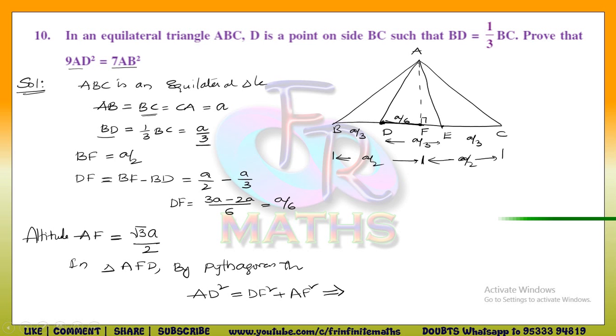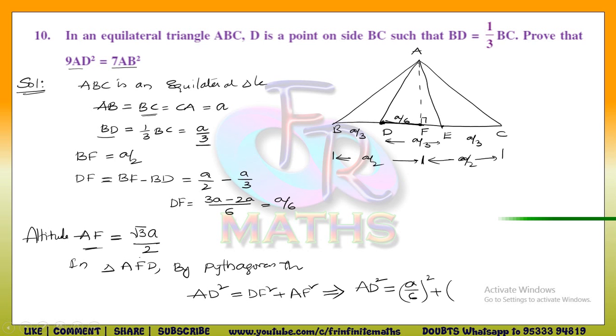Now when I substitute the values, I don't know AD value, so let it be AD only. So AD square is equal to, what is DF here? DF is A by 6, so A by 6 whole square plus AF. So where is AF?